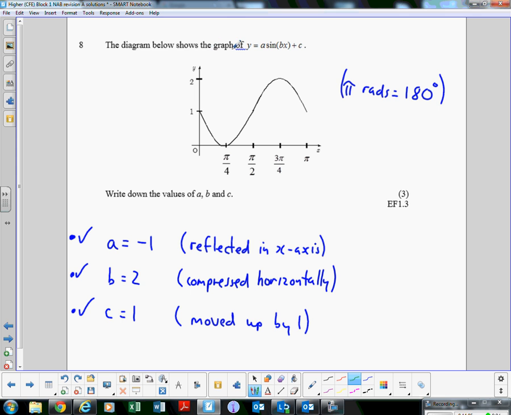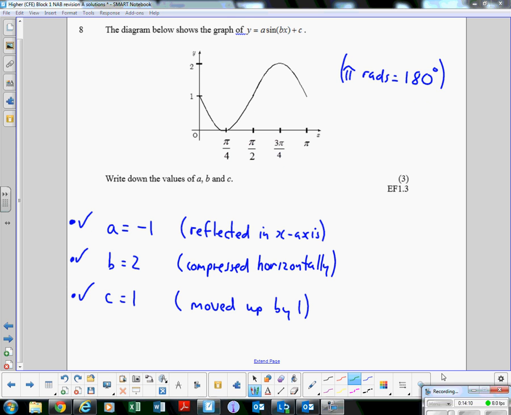The diagram below shows a graph of y equals a sin bx plus c. So the value of a will either stretch or reflect the graph of sin x. The value of b will either compress horizontally or stretch horizontally the graph of sin x, and the plus c on the end will move the graph of sin x up or down.